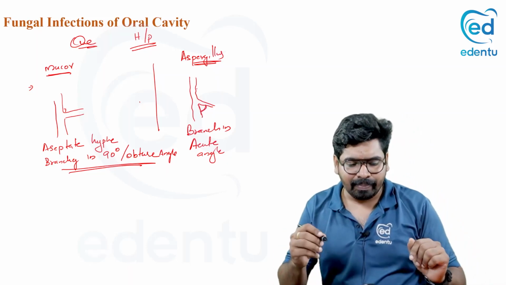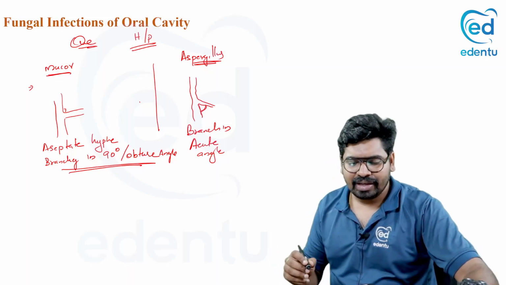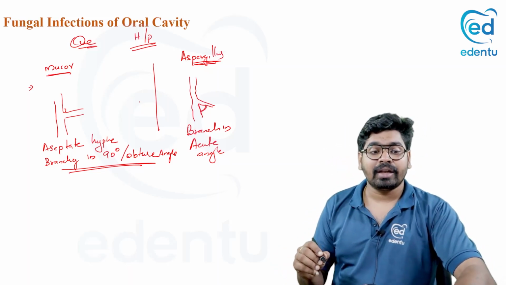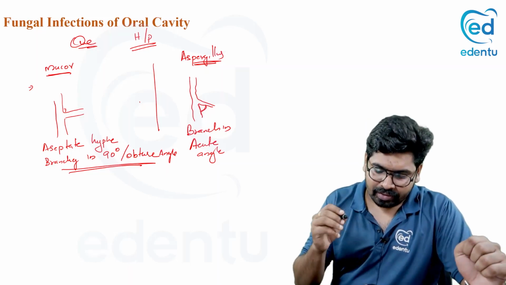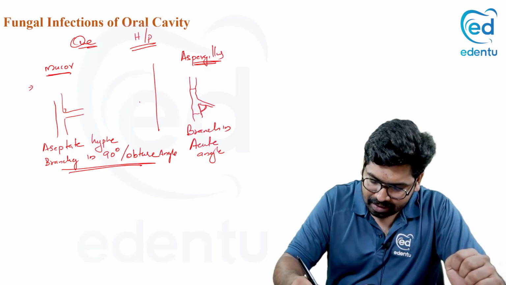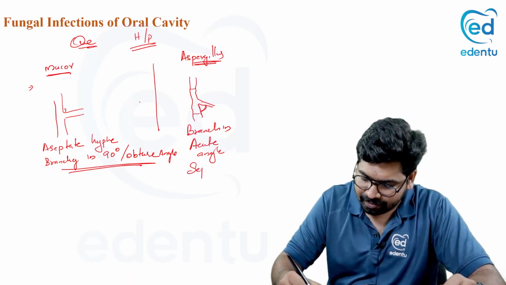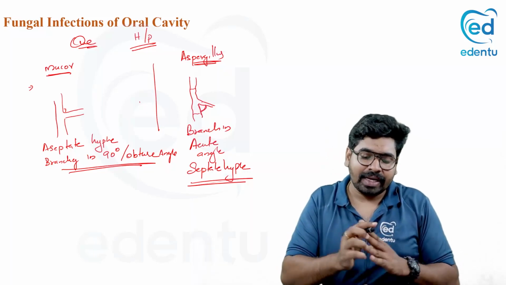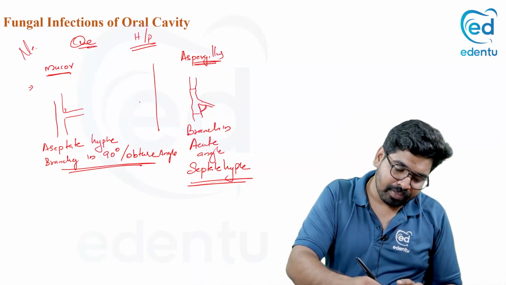That is the main difference you can see in the histology of aspergillus and mucor. In aspergillus the hyphae will be septate. So this is the main difference between aspergillus and mucor, and this is a very important question area.